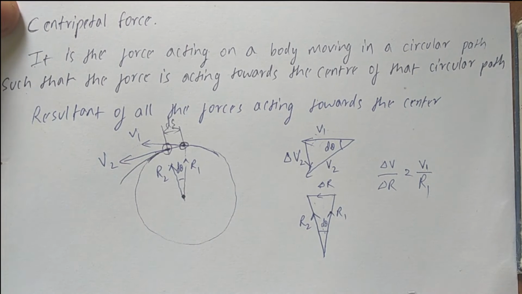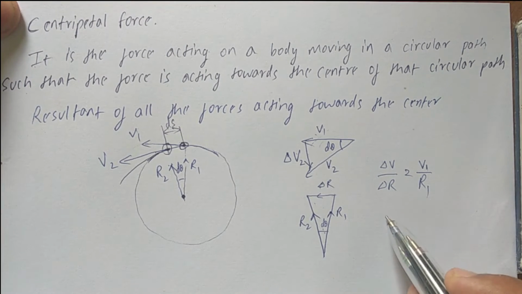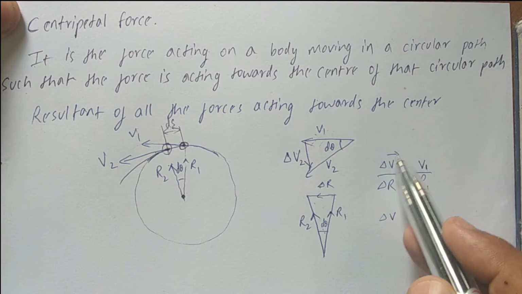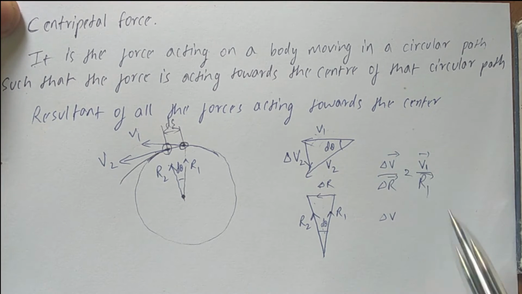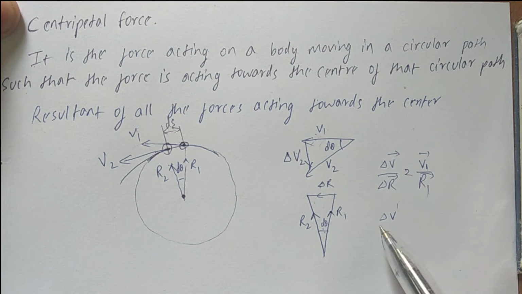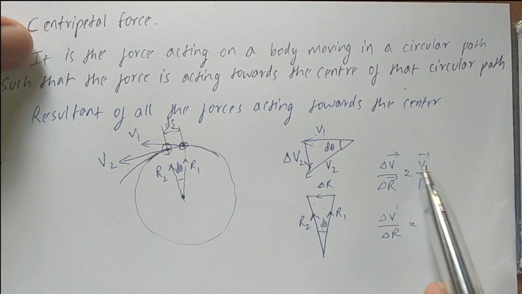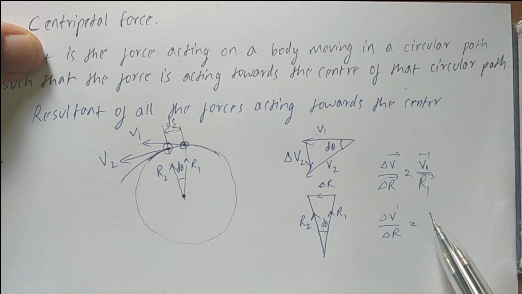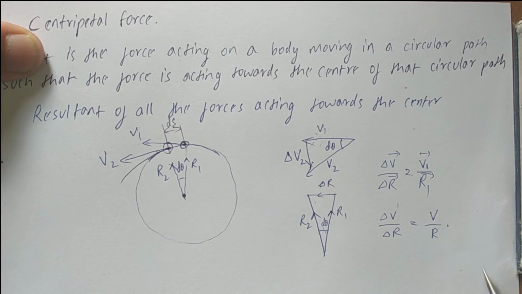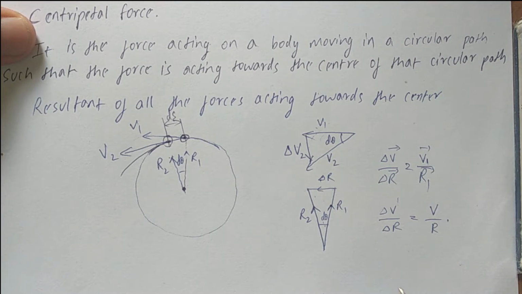So in similarity of triangles, if we only take the magnitude of this vector quantity, then this is change in V, and change in R is the magnitude for this one. So if we take the magnitude of this velocity V1 as V, and the magnitude of this as R, then this is the result.